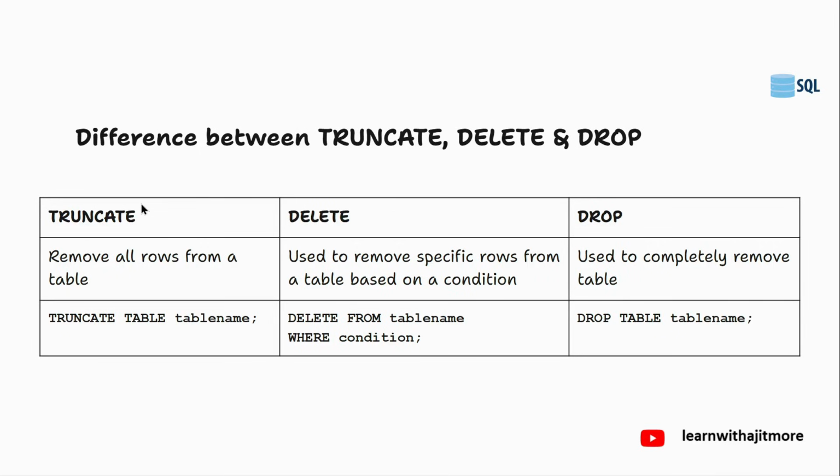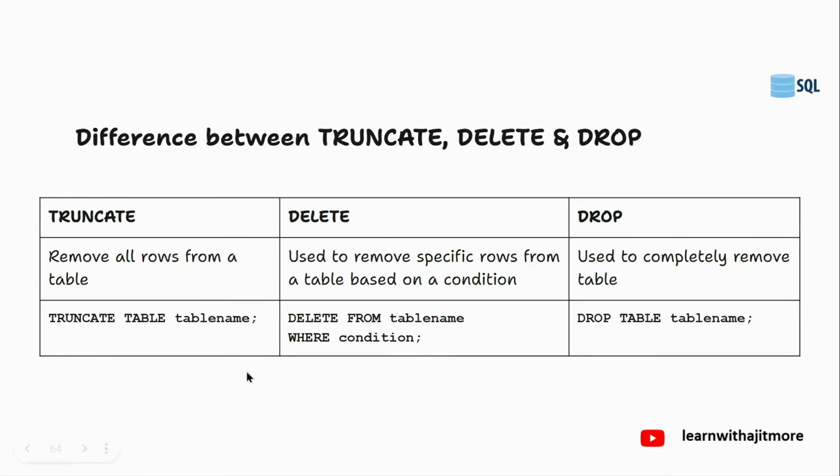And syntaxes are given. You should remember truncate and drop are DDL commands; delete is a DML command. Truncate doesn't take a WHERE condition: all records are deleted, table structure exists. Drop deletes the records and the table structure is also gone. Delete deletes specific records based on a condition.